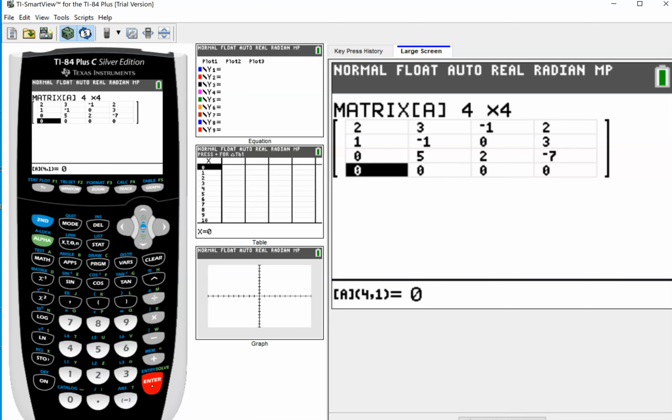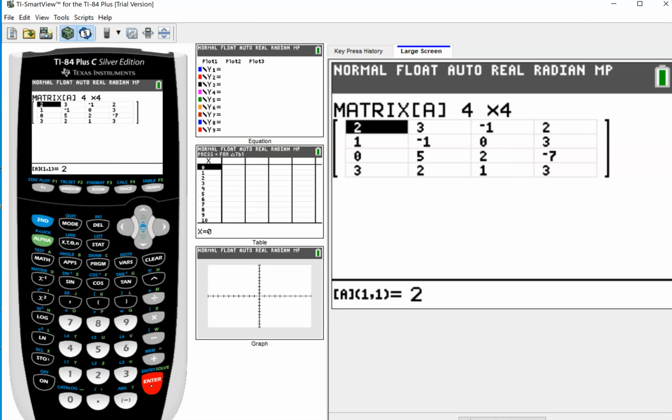And the fourth row is 3, 2, 1, oops, not on, 1, and 3. Can I get those entered in okay? Cool. I was tapping on the screen, so that makes it a little more difficult for me. All right, so anyway, that's our matrix.